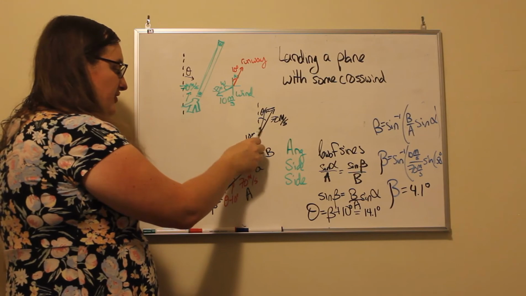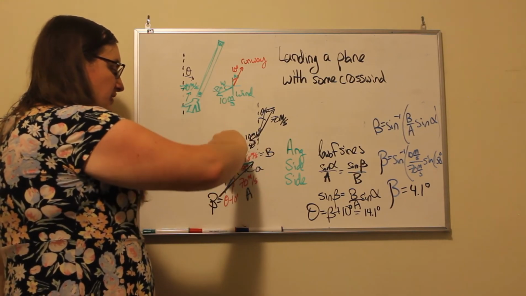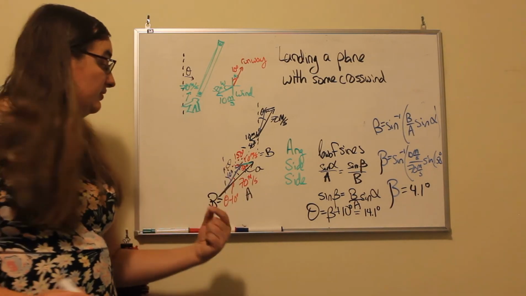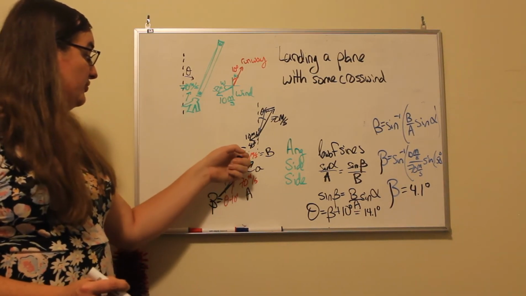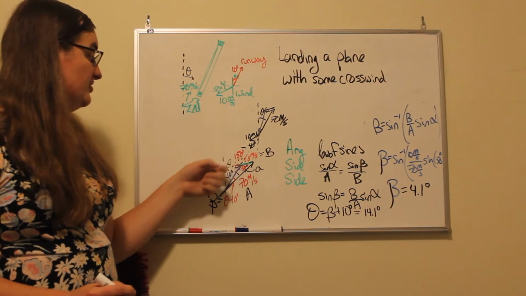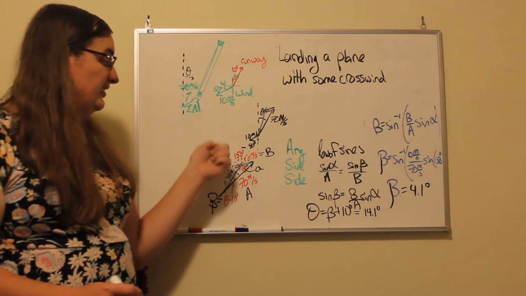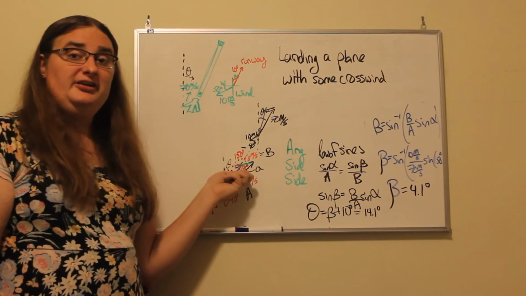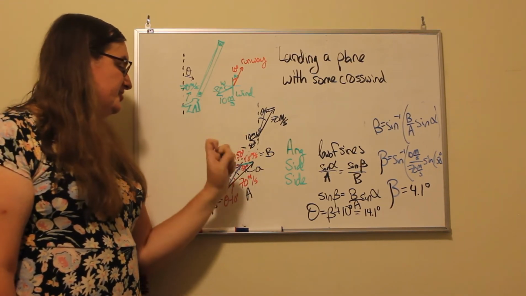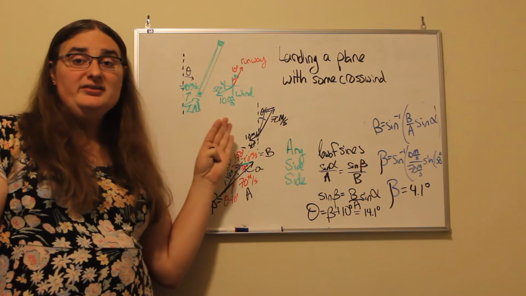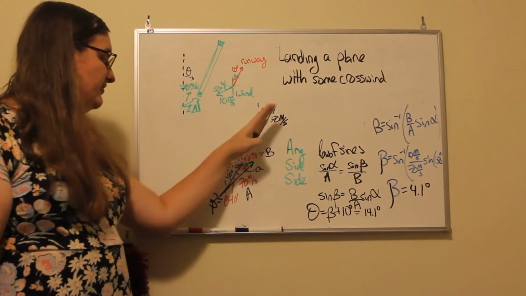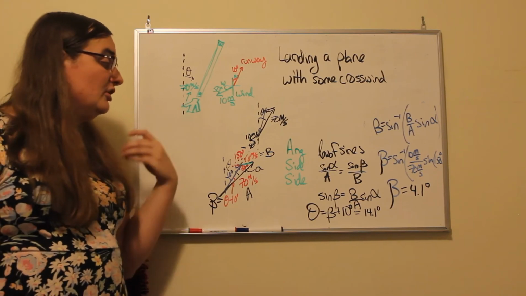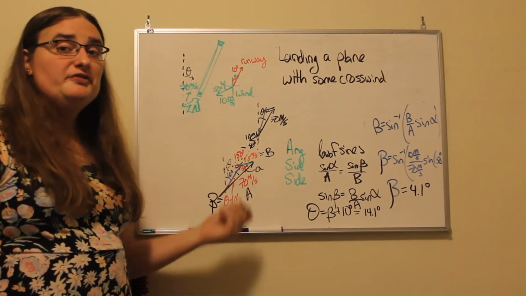So that means I would have to go 10 to get to north, another 140 degrees to get to the direction of the wind, so that angle between the direction of the runway and the direction of the wind is 150 degrees, and because my angle alpha is opposite the intersection of the line that the wind is traveling on compared to the line that the runway is on, that angle alpha also has to be 150 degrees.